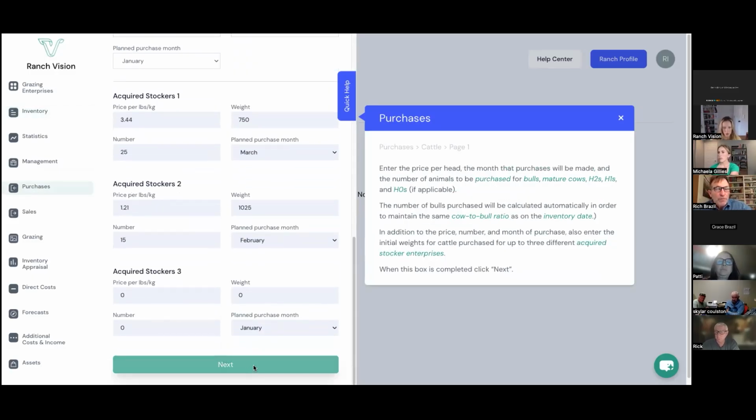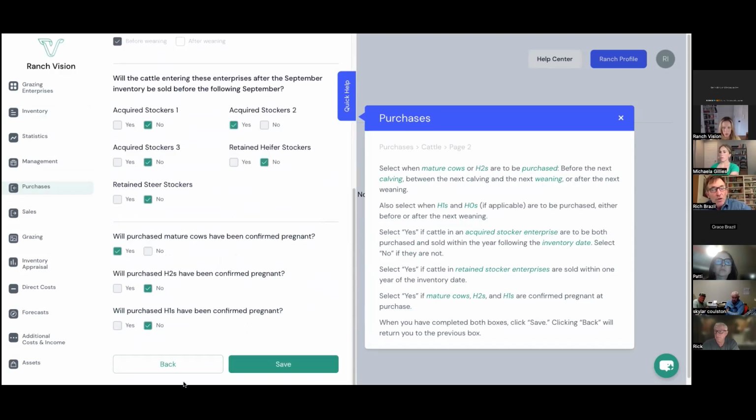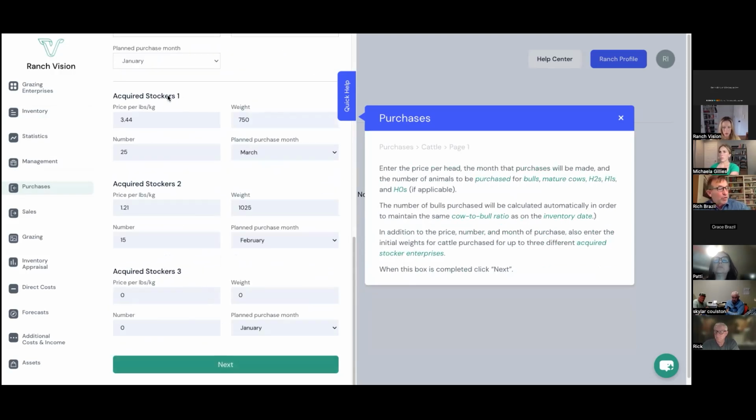And for purchases of different types of animals, if you're looking at purchasing stockers, you'll tell us what you expect to pay, how many you want to buy, and their weights as well.